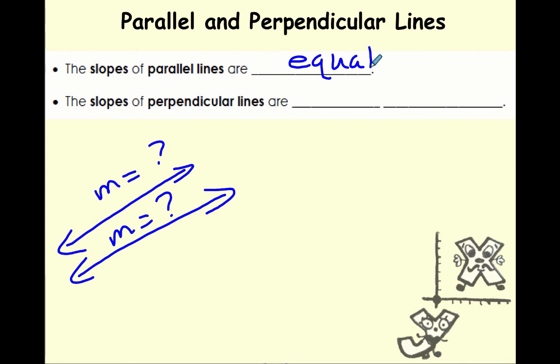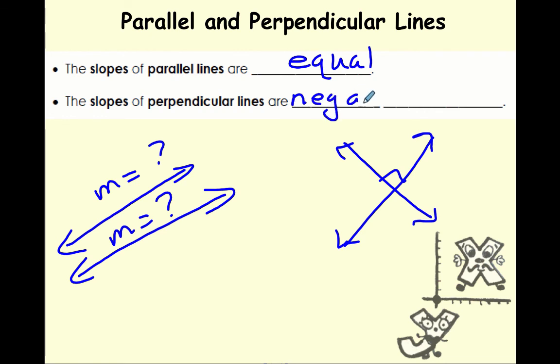and the slopes of perpendicular lines, remember perpendicular means they meet at a 90-degree angle. So if they're at a 90-degree angle, one is rising, one is going down, means they're opposites in signs, one negative, one positive. And the other thing they are is reciprocals. So they are technically negative reciprocals.